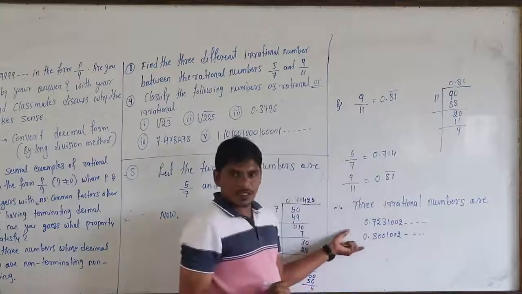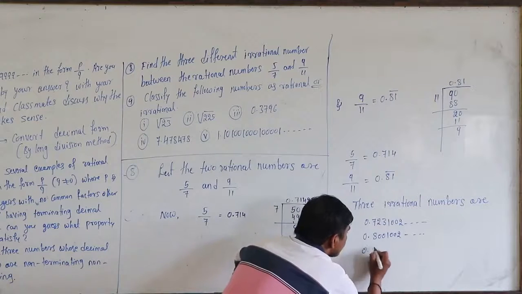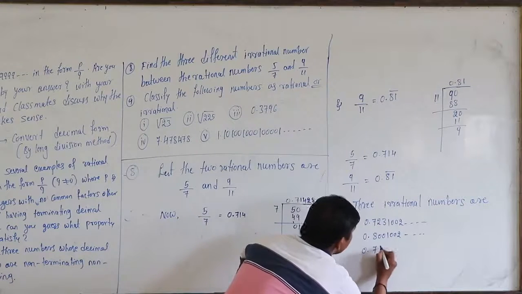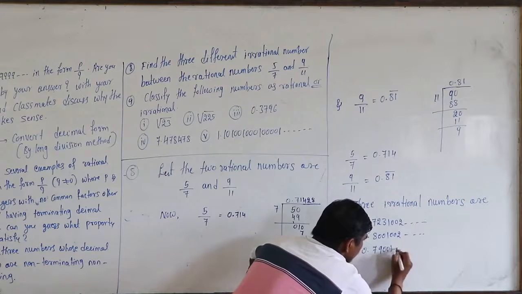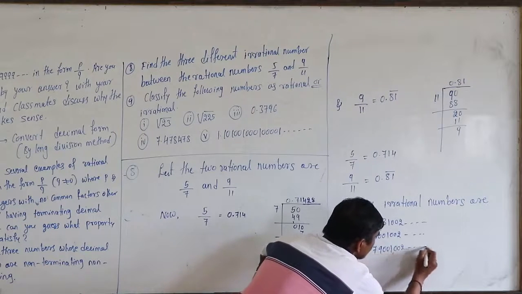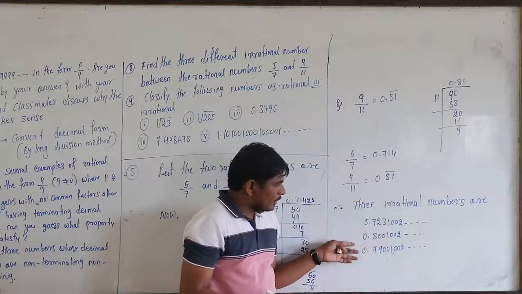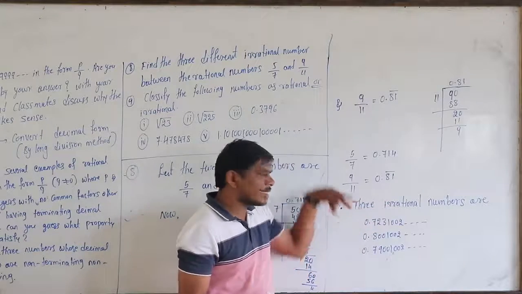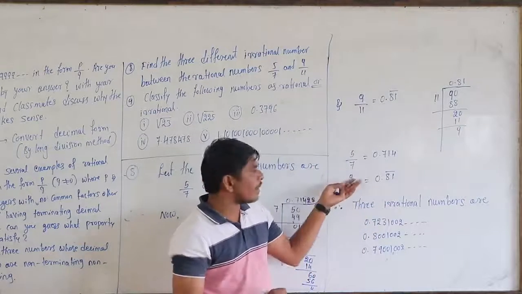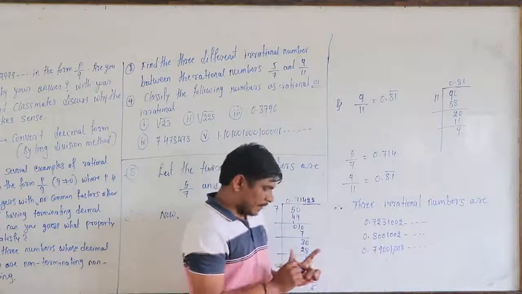This is a second irrational number, and again 0.79001002 and so on. Now these three are the irrational numbers. Not only these three, infinite irrational numbers are there. You have to take any three. I have considered these three.